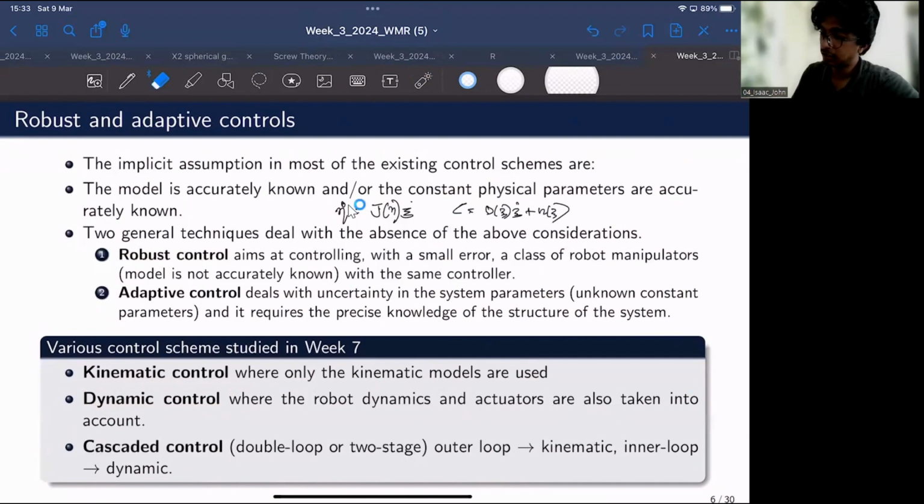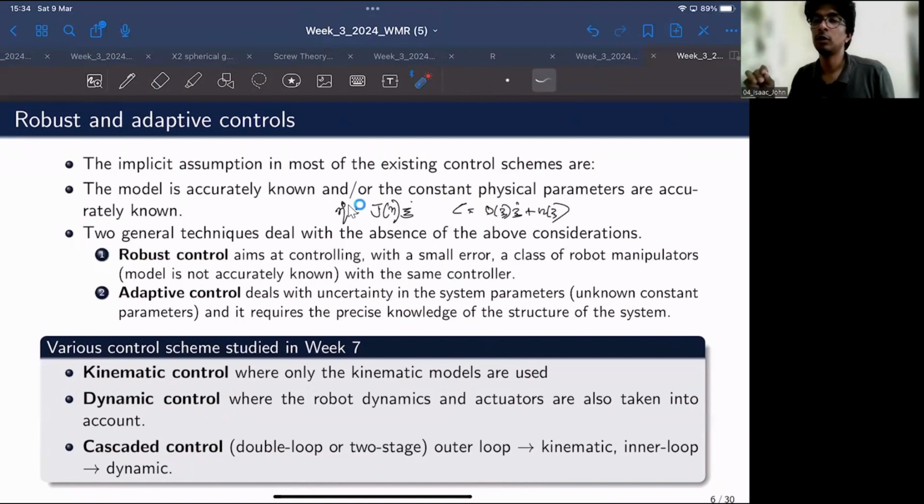Then at the end of week 7, we also discussed something called cascaded control. It's also called a double loop control, where the inner loop is controlled by an outer loop, the outer loop being kinematics and the inner loop being dynamics. In order to control the inner loop, the dynamic loop, we want the outer loop to behave in a controlled manner so that we can drive all the steady state errors at the dynamic level to zero.